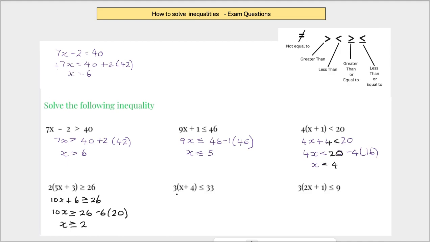Try another one. 3 times x is 3x. 3 times 4 is 12. And this time it's less than or equal to 33. So we have 3x. And we're taking the 12 over to 33. And it becomes a negative 12.